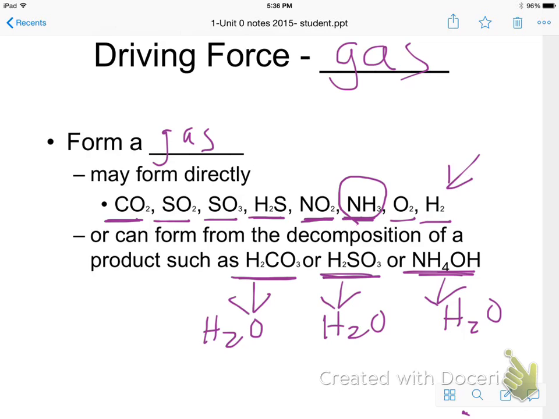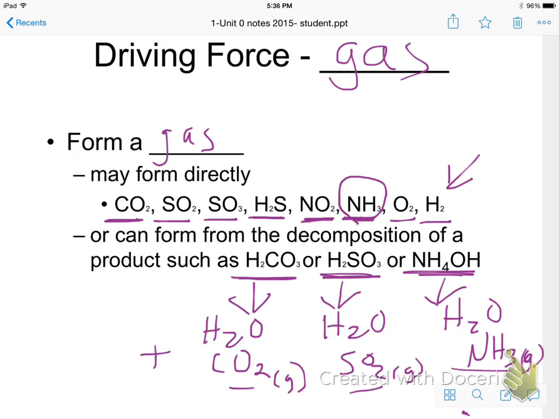So the something else is whatever is left after I remove the two H's and an O. This forms water and carbon dioxide, and the carbon dioxide is a gas. The H2SO3 forms water and SO2, which is a gas, and this forms water plus NH3, which is ammonia gas. Okay? So in all three cases, if I form these, I am also forming a gas, because that reaction is immediate, that decomposition.